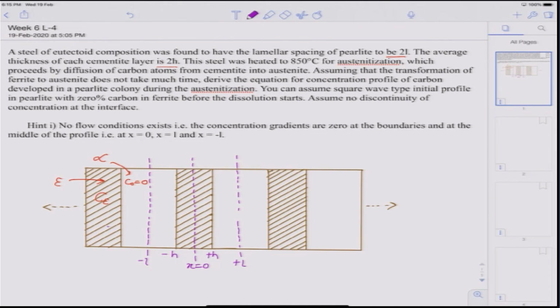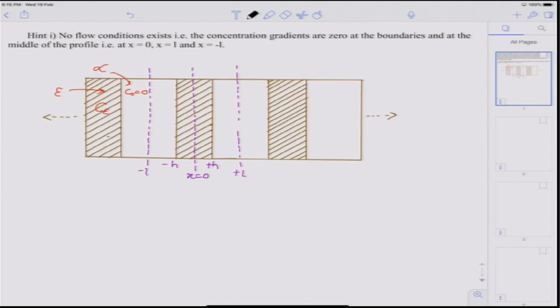So, essentially we are solving the diffusion equation, which can be written as dou C by dou t equal to D times dou 2 C by dou x 2. The initial condition here is, at t equal to 0, we know the concentration in any cementite layer is C epsilon, and in any ferrite layer, which has quickly transformed to austenite, it is 0 to start with.